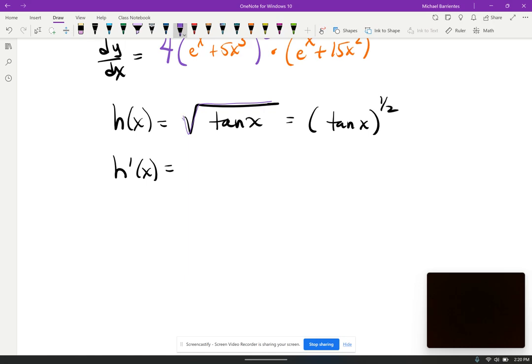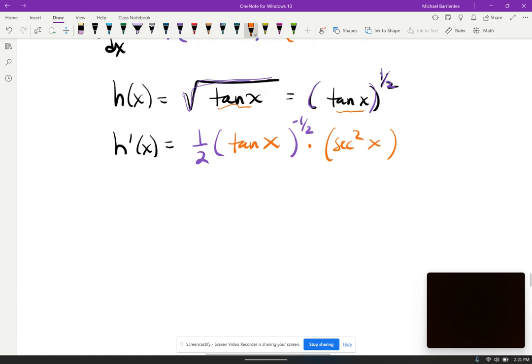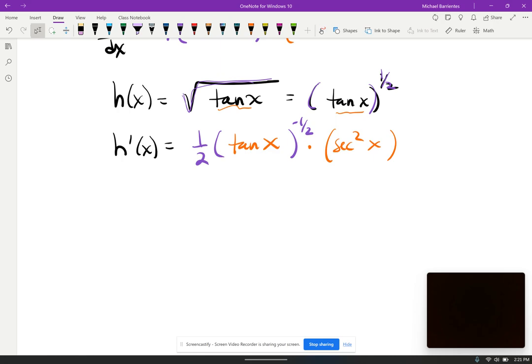And so when I take the derivative of the outside, I would be taking the derivative this way with the inside still in it. So tangent x is still in there, times the derivative of tangent x, and the derivative of tangent x is secant squared x. So that should make sense, I think. This is what we've been doing with the chain rule in the last couple of days.